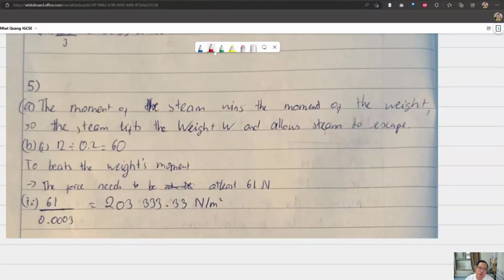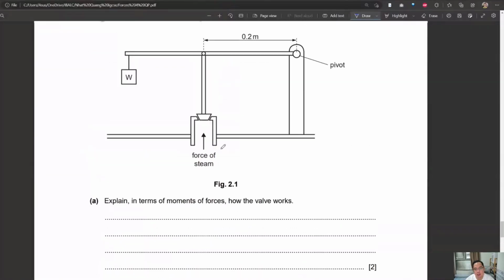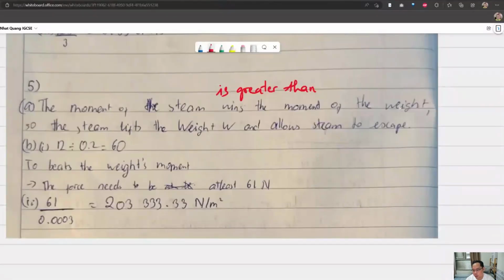Is greater. You should use the word simply, like is greater than, or overcome. Is greater than the moment of the weight. Okay. Greater than the moment of the weight in opposite direction also. So the steam lifts the weight.